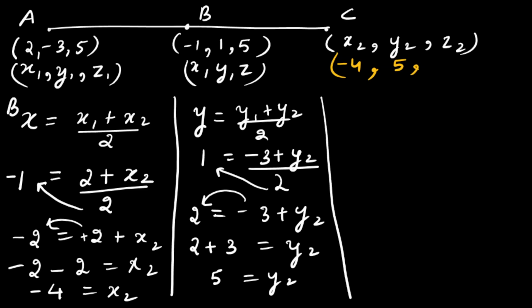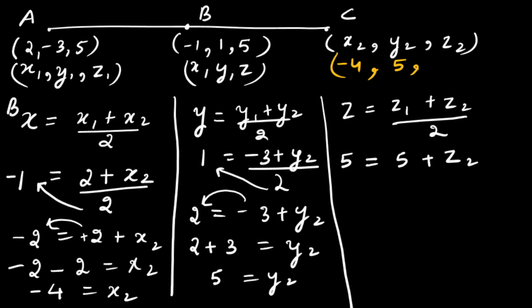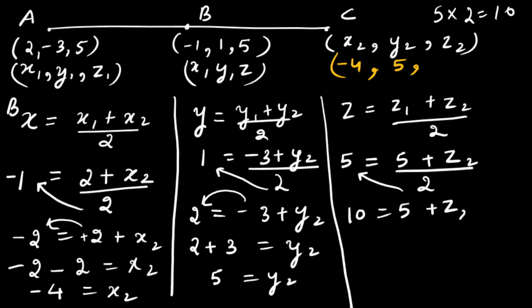Now let's find the z coordinate. The third coordinate is (z1 plus z2) by 2. The value of z is given to us as 5. Z1 is also 5. Z2 we don't know, so as it is we'll write. The 2 will shift to the other side and get multiplied. So 5 times 2 is equal to 10, which is equal to 5 plus z2.